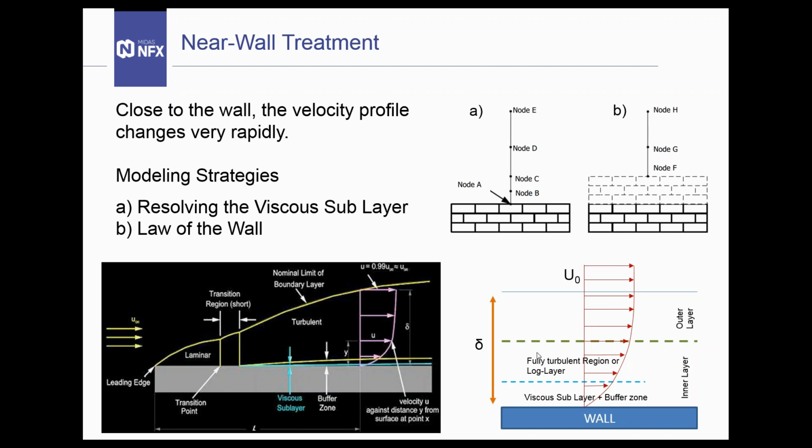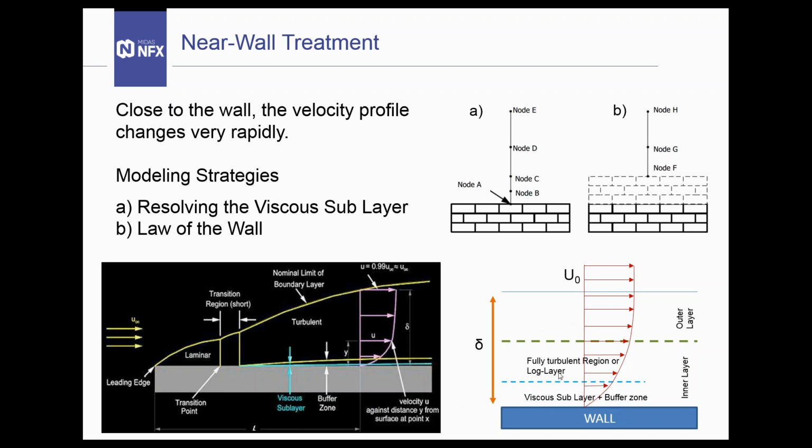If you take a look at the picture, as an example, if we consider the flow over a plate, several layers exist, as I said. Basically there is a layer which is called the viscous sublayer.